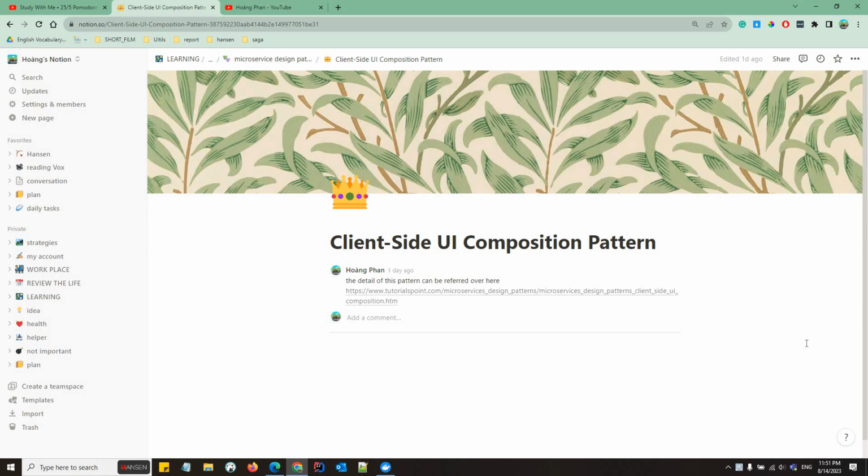I'm not sure, but the main idea of this pattern is when we have one page, we will have a lot of smaller components, and each component will be taken over by a team, and the team will take over some service, to develop some service to respond for the component. Just like that, it's really easy to understand. And I think if I'm a backend developer, I don't need to care a lot about this.